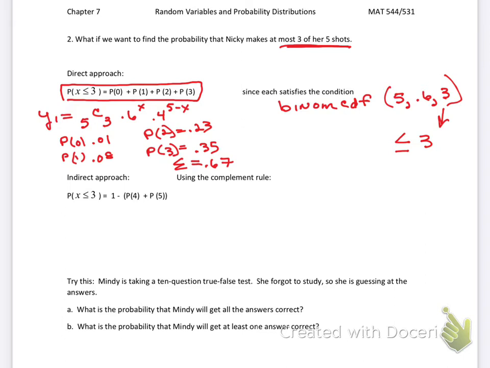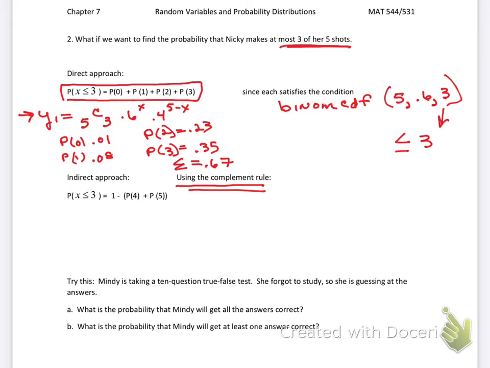If you're doing the equation editor approach, you can also do an indirect approach, and that's using the complement rule. Because I have to add up 4 terms, I can instead just get 2 terms and subtract them from 1.